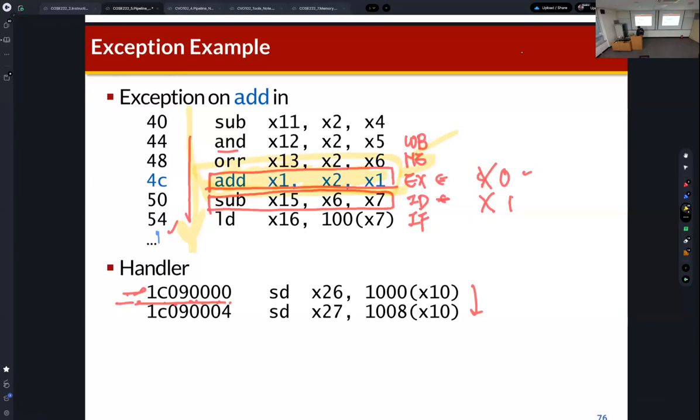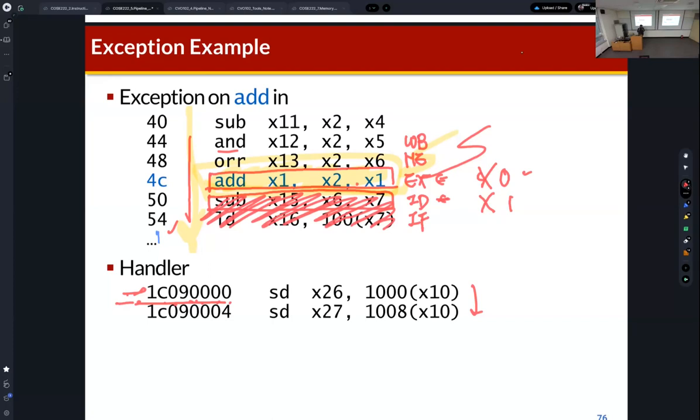So in this case, firstly, the add instruction is handled. The exception of the add instruction is handled. So even though the exception is detected, the solve instruction is flushed, and the load instruction is also flushed.